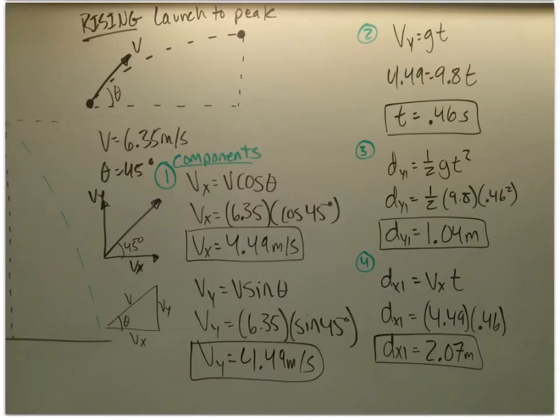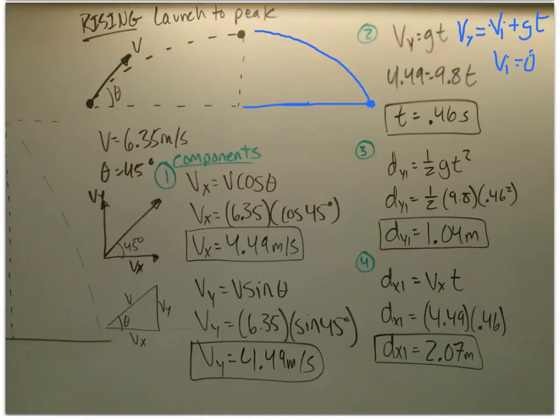So from here, if it was falling back to this height, we're going to deal with it like that, because then we can use the formula Vy equals Vi plus Gt, where Vi equals 0. We can use that formula now to solve this, and it becomes Vy equals Gt.